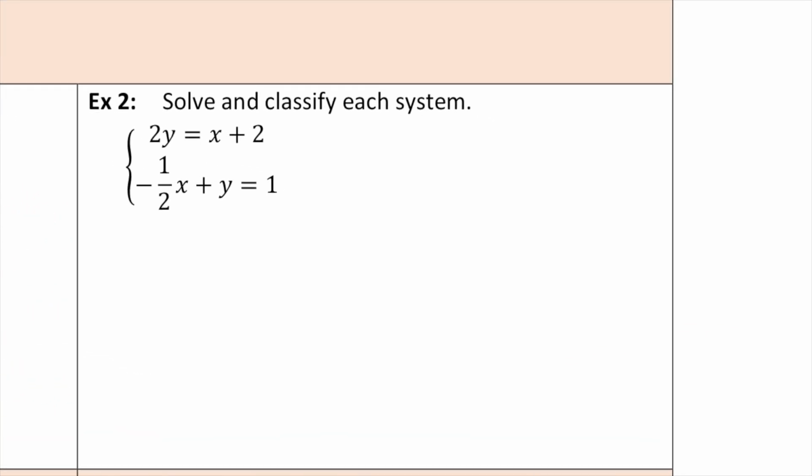For my second problem, you have to decide once again. For this problem, I'm going to solve for y, so I get y equals x over 2 plus 1. Rewrite my problem so that my second equation is y equals 1 plus x over 2. So if I take x over 2 plus 1 and I set it equal to 1 plus x over 2, now I'm ready to solve.